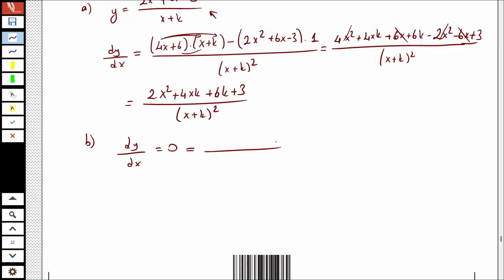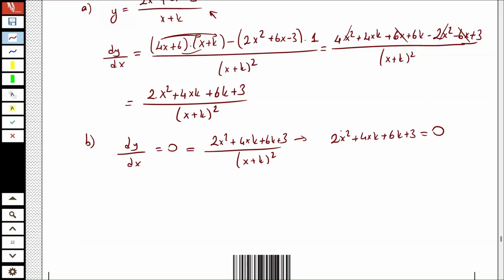That means the numerator is going to be 0.